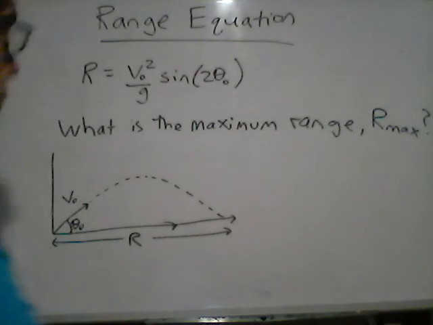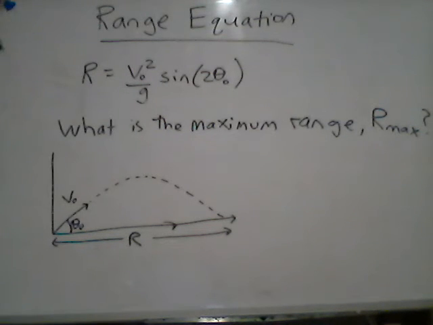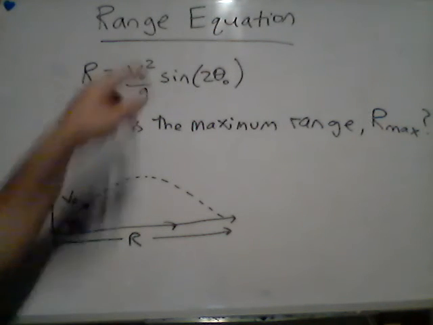Well, V naught is a characteristic of your gun or your cannon. You usually have an idea of what your muzzle velocity is. That's usually a constant of the problem. That's usually a characteristic of whatever gun or cannon you're shooting.